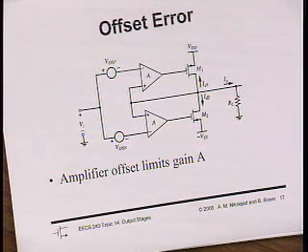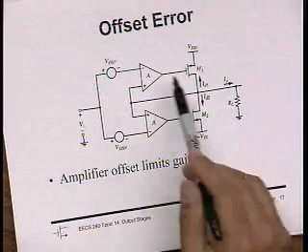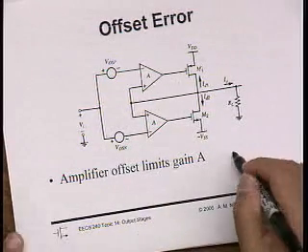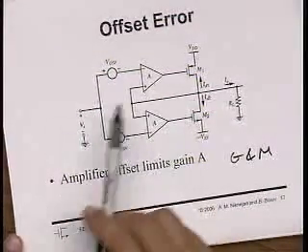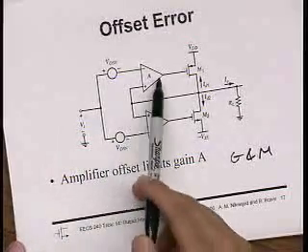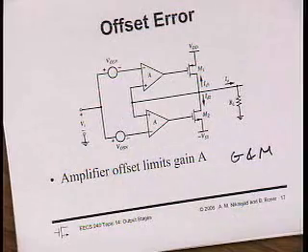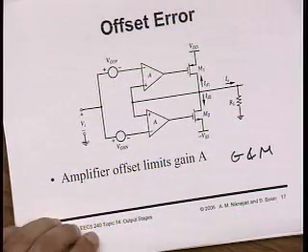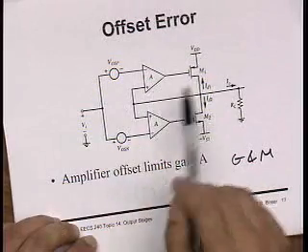Okay. So if you are going to design a stage like this, there's some analysis you can do. Look at Gray and Meyer, and you analyze the input-output characteristics as a function of the offset voltage, and you find that if you make the amplifier gain small enough, the circuit probably is going to work okay. But it does produce a pretty big limitation on the gain you can get.